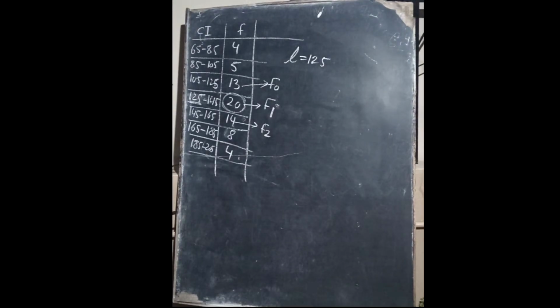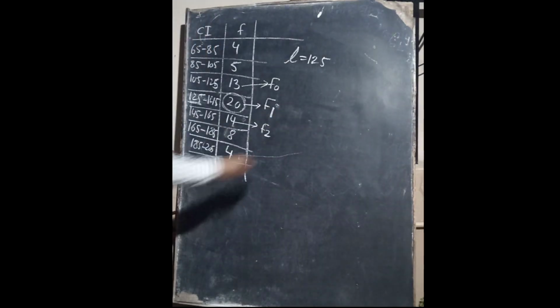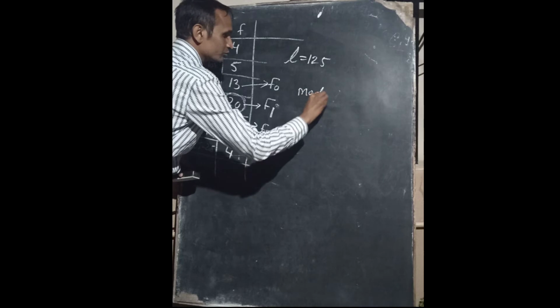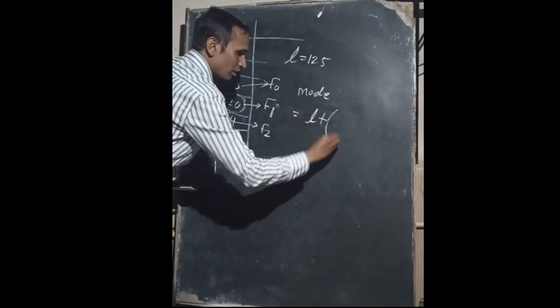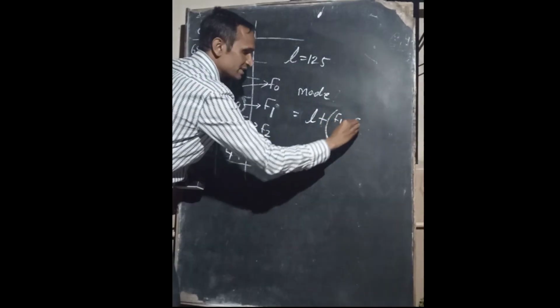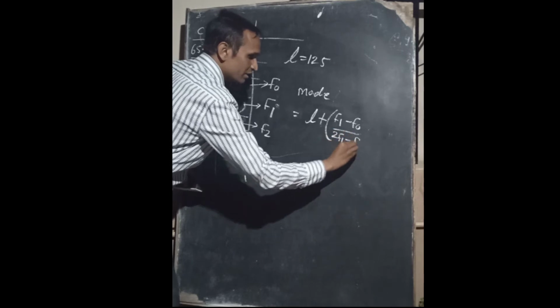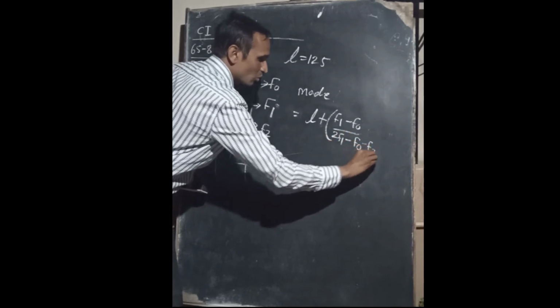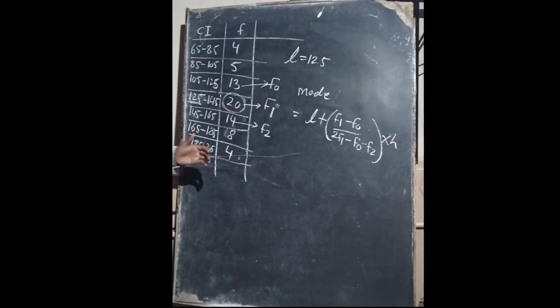Now we are writing our formula. F1 is equal to 20. Mode is equal to L plus F1 minus F0 by 2F1 minus F0 minus F2, into H. H means the gap between the two class intervals, for example 65 to 85, otherwise 125 to 145.